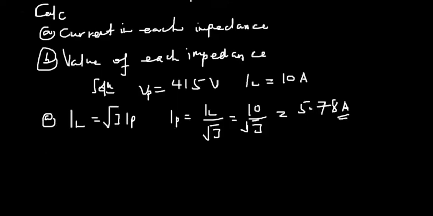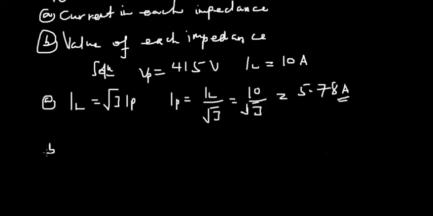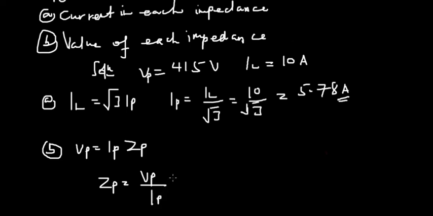Now let's move on to B, the value of each impedance. So we know that VP is equal to IP times ZP. We are looking at ZP, so ZP is equal to VP over IP.